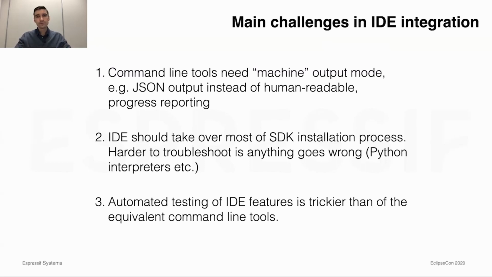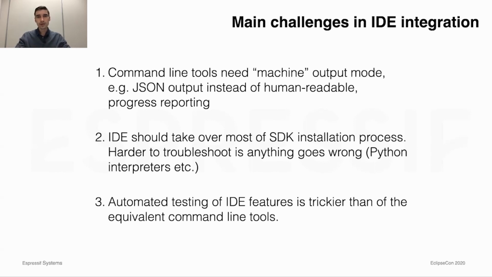The second one is related to users' expectations about the installation and onboarding process. When we work with CLI tools, multiple installation steps are required. For instance, we get some prerequisites installed, then we clone a Git repository, we run a certain script, we install drivers, we set up environment variables, and so on.